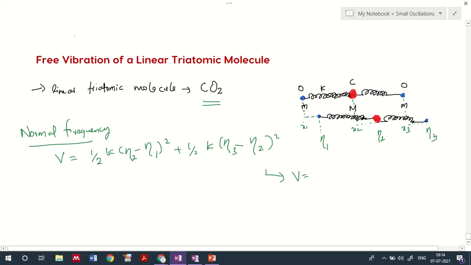If you take this as the O1 position x1, x2 the position corresponding to carbon, and x3 the position corresponding to the other oxygen atom, then you can take x1, x2, x3, and the equation becomes like that.